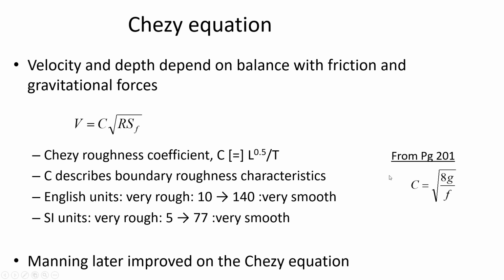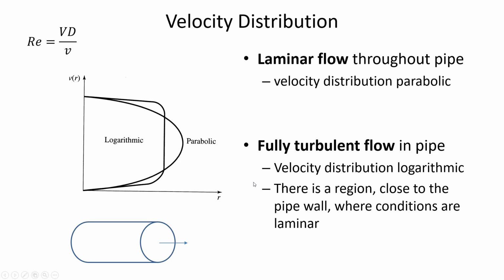So there is some way to tie the two friction factors together. One of the things that makes the Chezy equation a little bit, I wouldn't say annoying, but it's not as good, is that the friction factors are unit dependent. So you have a different friction factor for SI units versus traditional units, and that's not always true for the other empirical equations that we've got. So that's the Chezy equation.